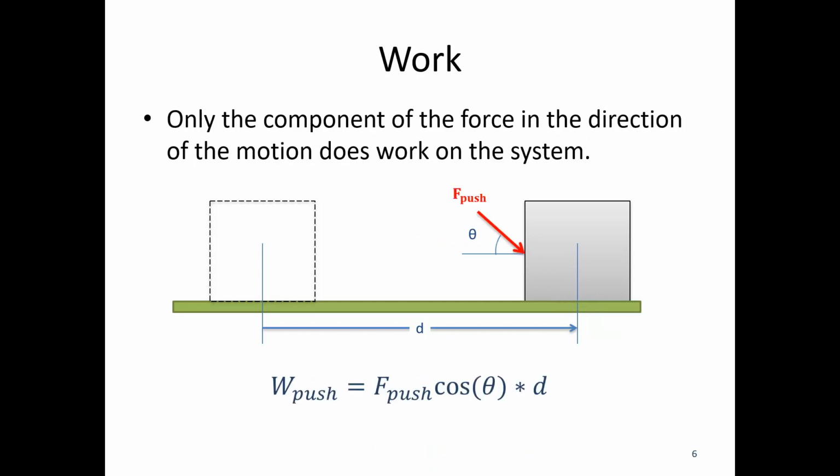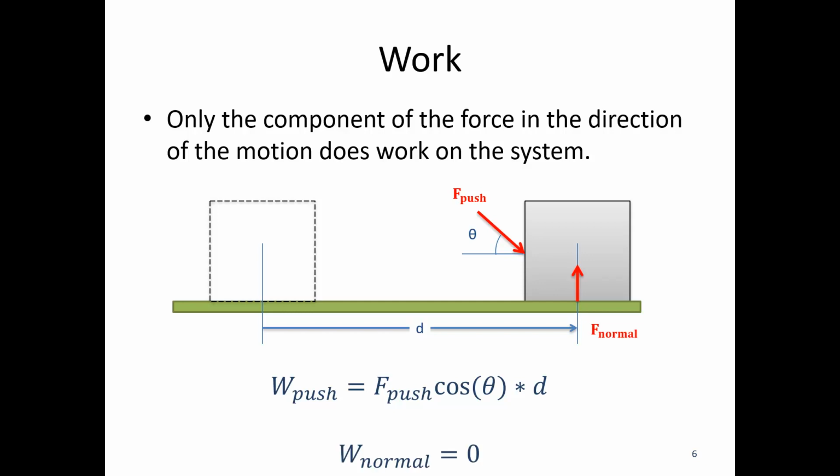And the parts that are neither opposing nor helping, in this case, imagine we've got a pushing force, but I don't push perfectly horizontal, I kind of push down. Only the component of the force in the direction of motion does work on the system. So in this case, my distance traveled, that's horizontal, and so only the horizontal component of the pushing force, or F push cosine theta, times the distance is going to be in the work for my system.